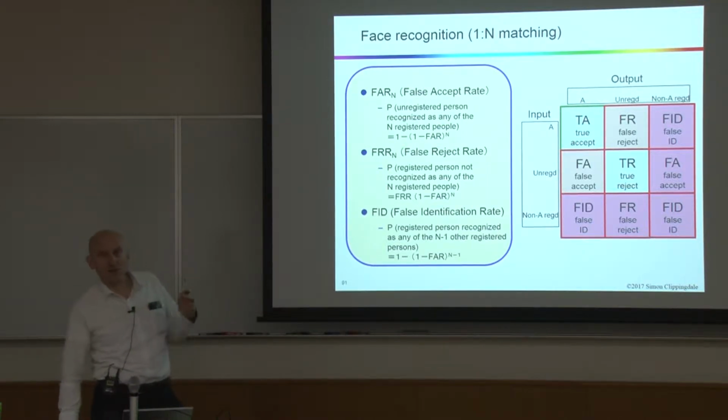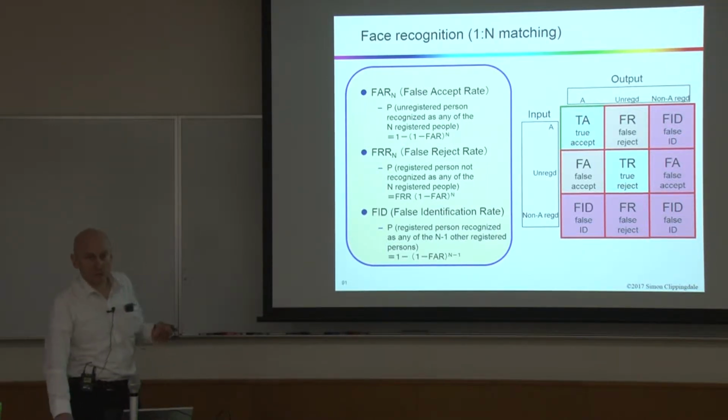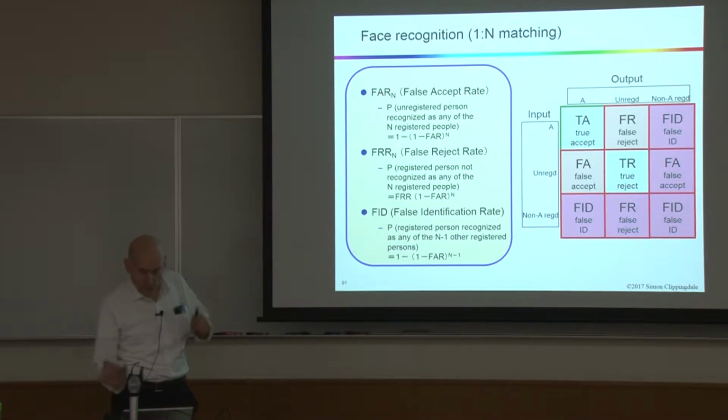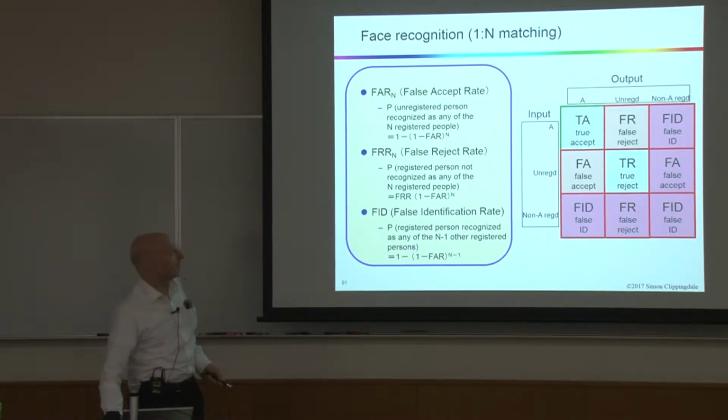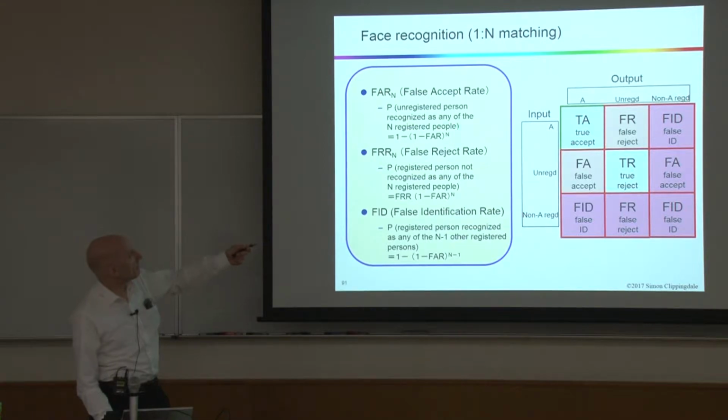And suffice to say, it's larger than the false accept rate in a simple one-to-one verification system. You can say the same kind of thing about false reject rate, and then this misidentification rate here, where your person in the input is recognized, but as the wrong person. Okay, so this is the statistic to worry about here.